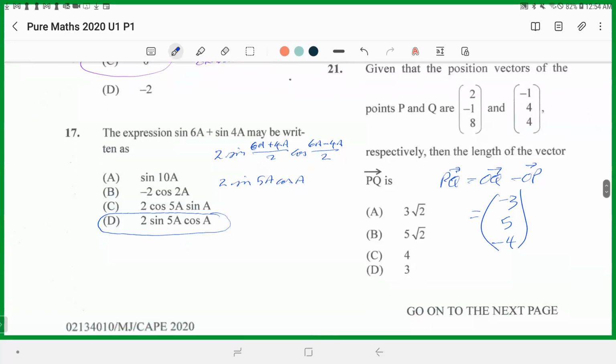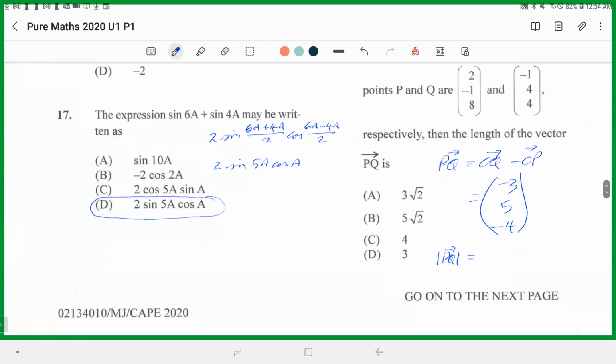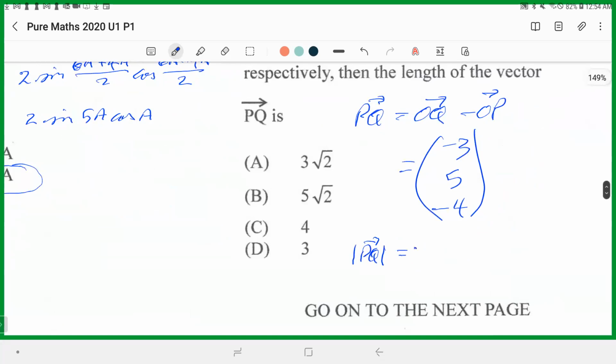And then we want the length now. So that's the modulus. The modulus of PQ becomes equal to 3 squared plus 5 squared plus 4 squared using this vector.